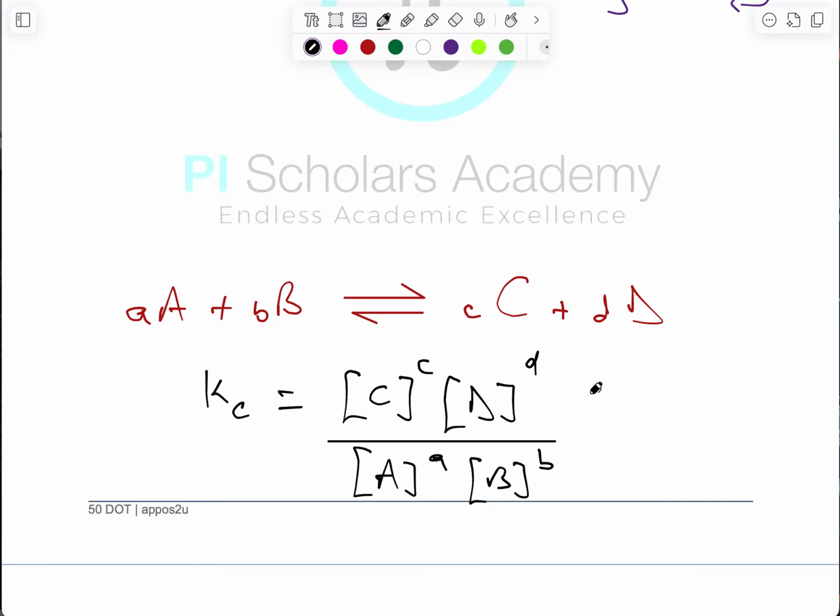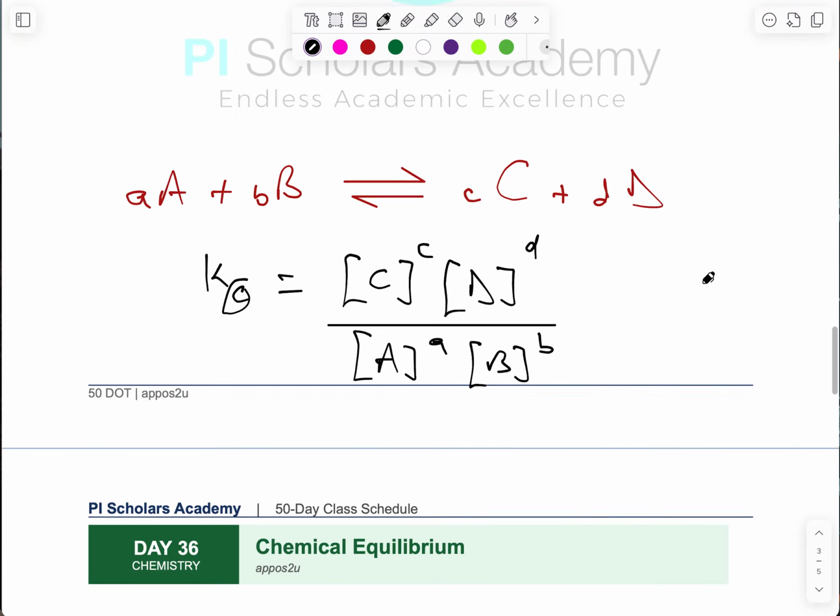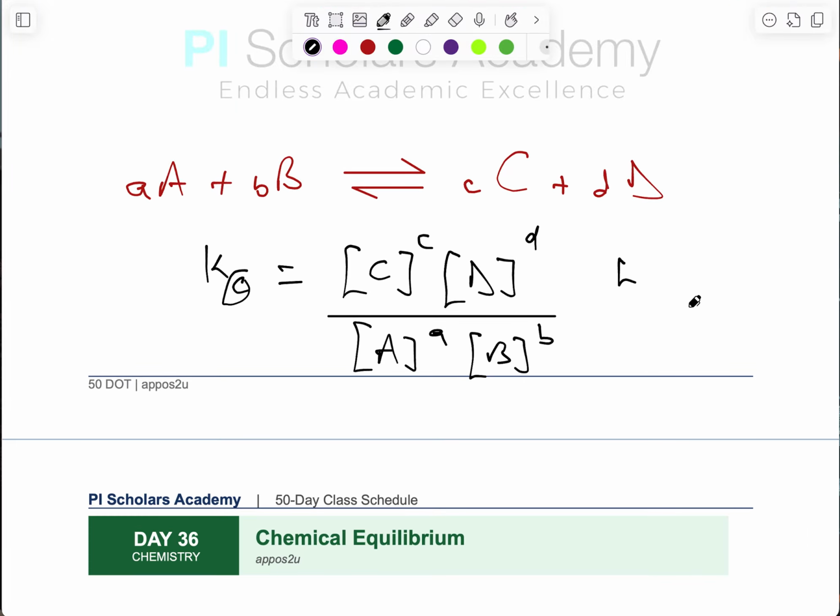Now, one thing you need to take note of is that this equilibrium constant, and we are doing it in terms of concentration, that is why we are putting c here, does not involve liquid reactants or products, and it also does not involve solid reactants or products. So when you have a pure liquid or pure solid, it does not affect them.